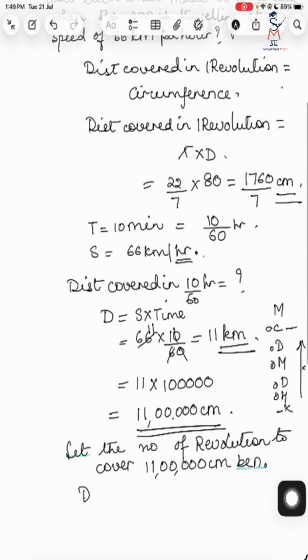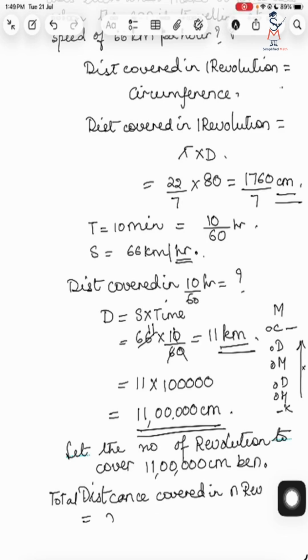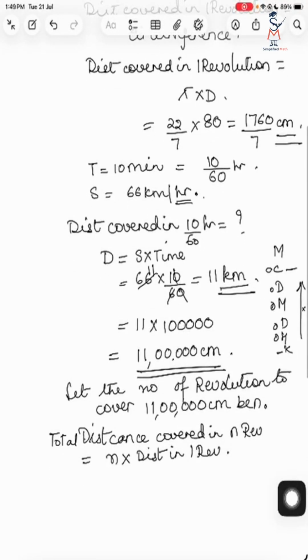So we know the total distance covered in n revolutions will be n into the distance in one revolution, right? So n into 1760 by 7. This is the total distance covered, and this total distance has to be equal to this distance, right? Then only we will find the number of revolutions.